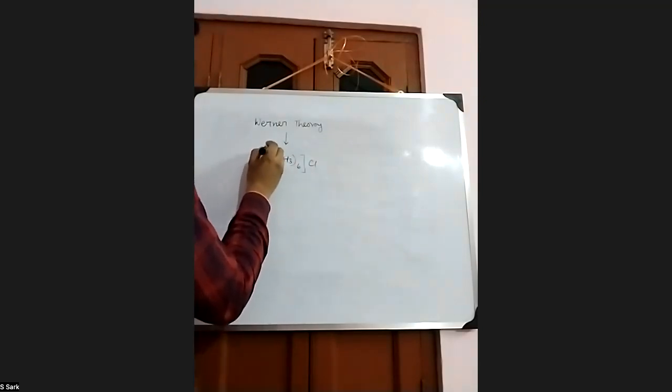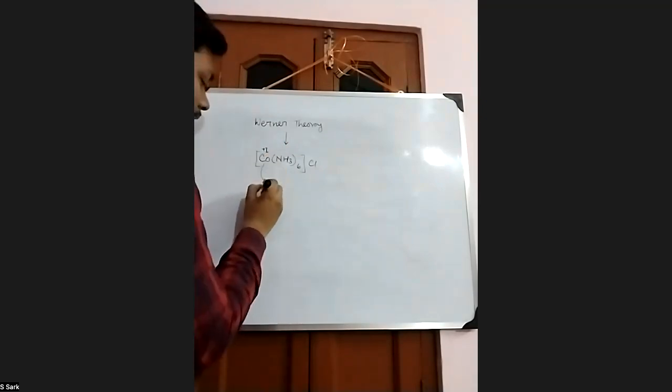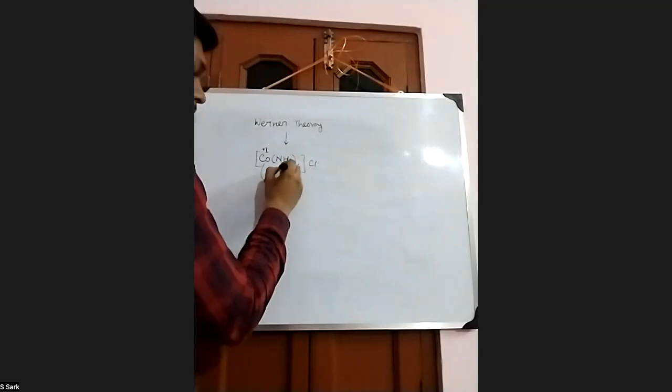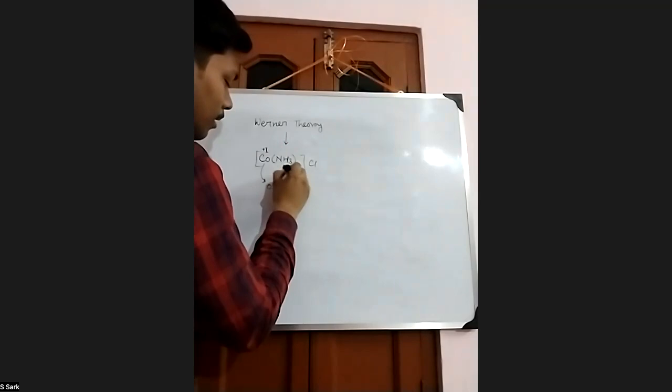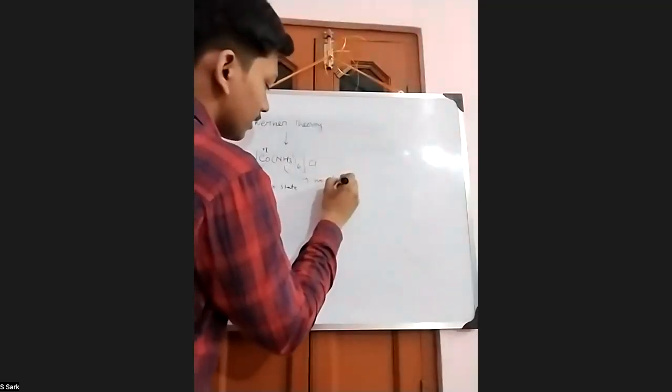The primary valency is the oxidation state of the central metal ion, and the number of ligands attached to the metal is called secondary valency.